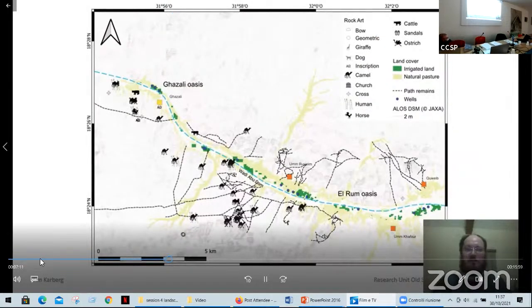The majority of rock sites, 151 in total, are situated in the lower part of the valley around the races of the new facade. The predominant motif categories consist of depictions of cattle, camels, human beings, crosses, and geometric motifs.